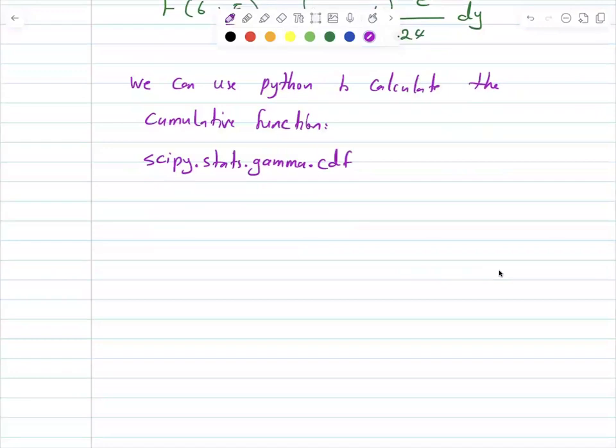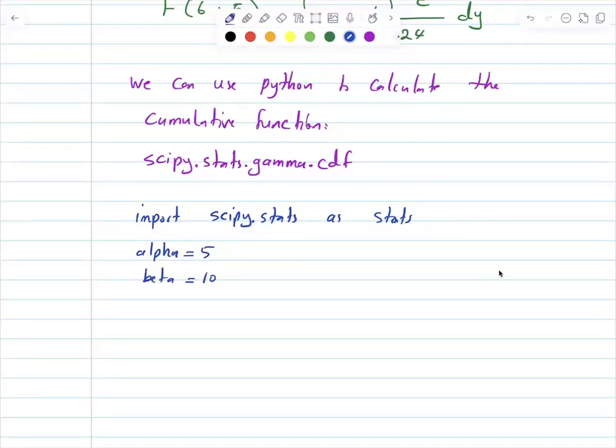So make sure to import scipy.stats as stats, and then set alpha to be 5, your beta is 10, and x to be 60.